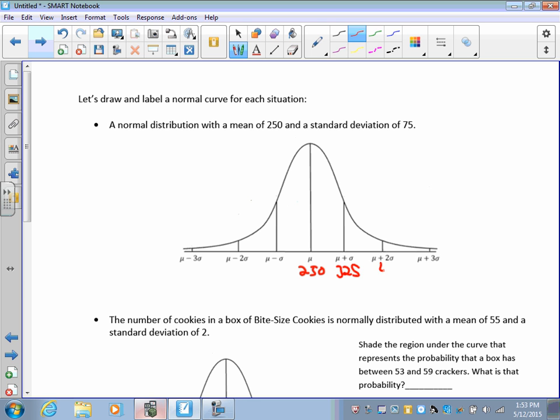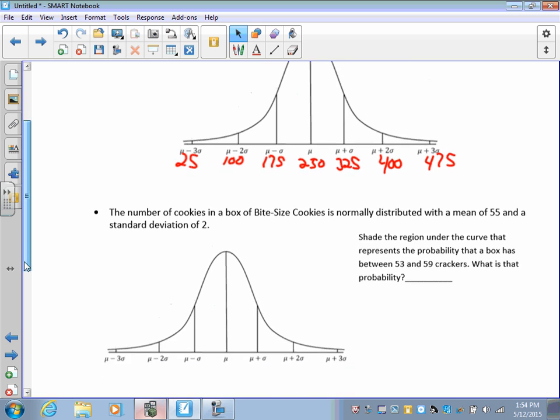Add 75 again, 400, and another 75 to get 475. Subtract 75, and I'm going to get 175. Minus 75 again, 100, and subtract 75 one last time, and you get 25. That is my graph.